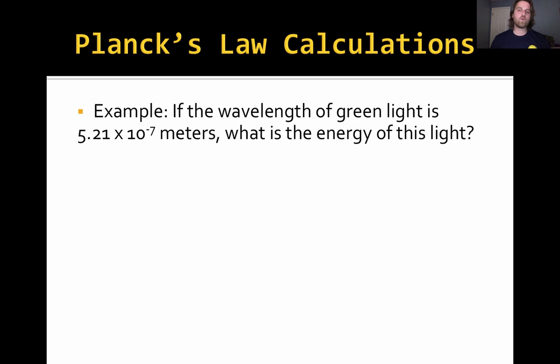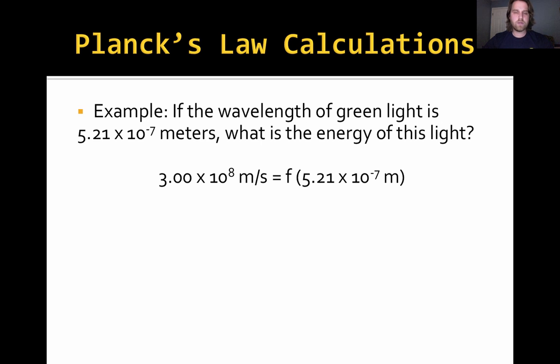If the wavelength of green light is 5.21 times 10 to the negative 7 meters, what is the energy of this light? Well, first thing we have to do if we want to know energy is we have to calculate frequency. And we are given wavelength, so from the previous module you should remember how to calculate frequency.